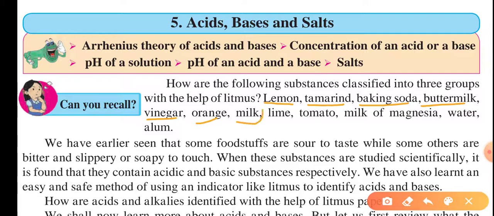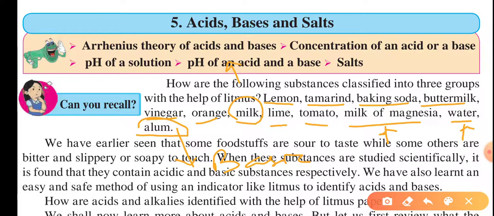Milk, I left this one for you. Lime, tomato, milk of magnesia, it is basic in nature. Water is neutral, it is neither acidic nor basic. Alum, is it acidic or basic in nature? Alum is basic in nature.